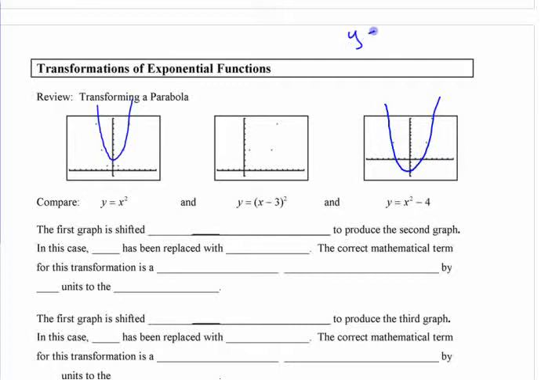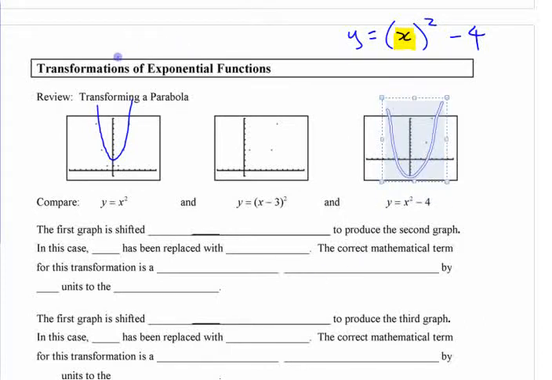Basically, you have this function, x squared. The function is squaring the number. Take an x value and square it. If I perform an operation outside of that function, after I apply that function, like minus 4 here, it's a vertical change. It takes all the y values and moves them.